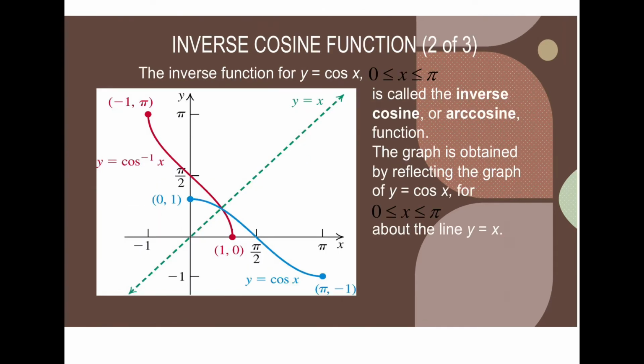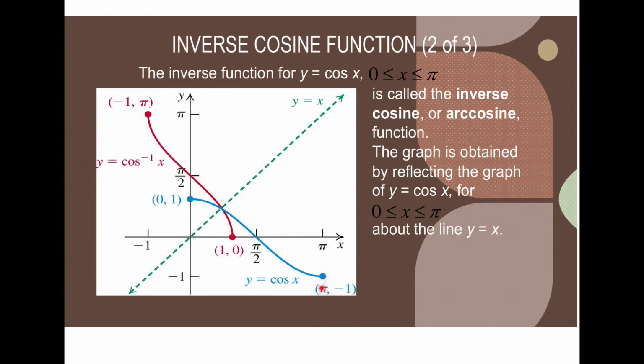So with the restrictions on the domain for the original cosine function, 0 to pi for our angle, we see how this is the flipped version. If we flip it across or fold it across this line y equal to x, these points line up. They basically switch spots. We have 0, 1 here, 1, 0 here.